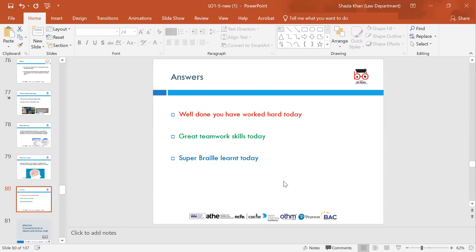Things like signage that's done in Braille. Restaurants, if you're going into a restaurant or a cafe, the menu could be written in Braille for a person who can't see the menu.